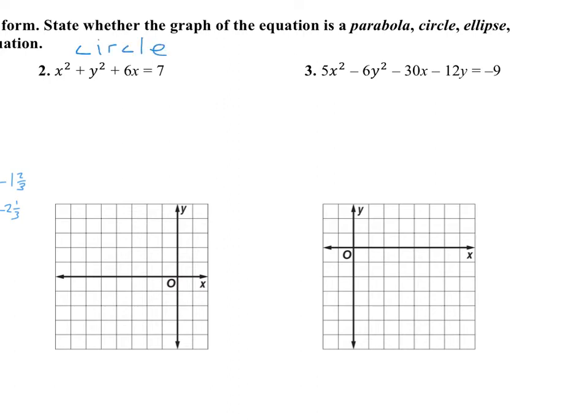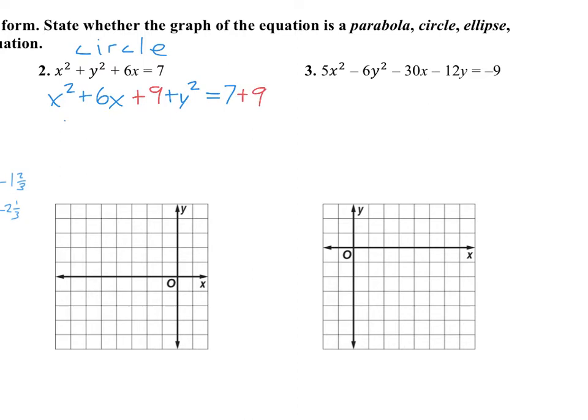Okay, I'm going to put the x's together and leave a gap. The y squared does not have a y to the first to go with it, so we don't have to complete the square for the y. All right, so completing the square, I get a plus 9 here.